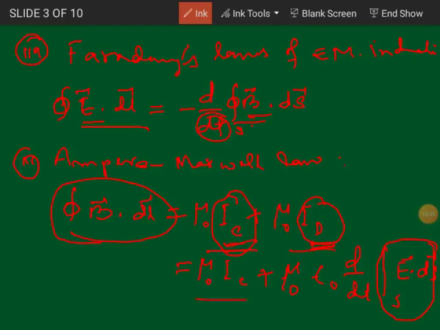You can say that conduction current can give rise to the magnetic field, and moreover this time rate of change of electric field may also give rise to the magnetic field. So these are the laws that will be required for the discussion of electromagnetic waves.